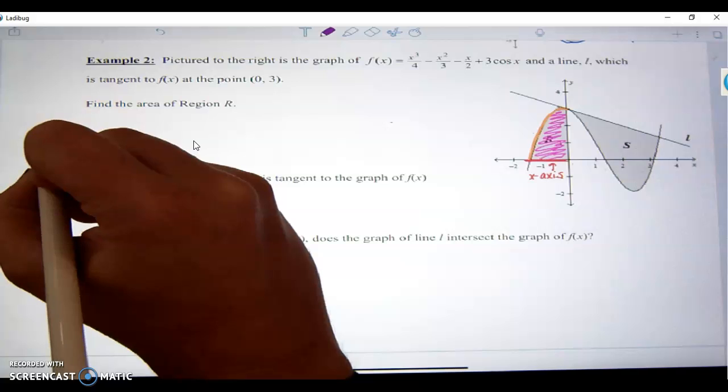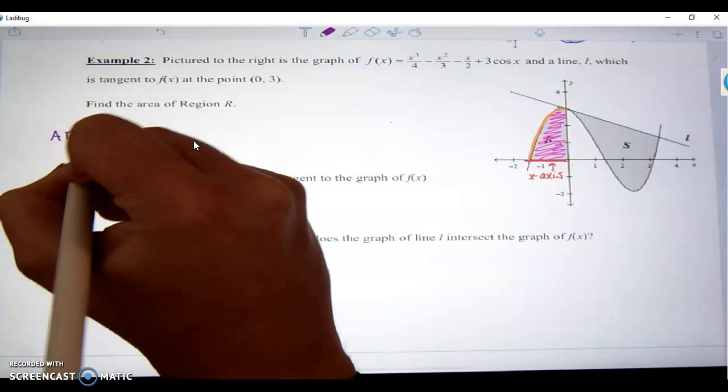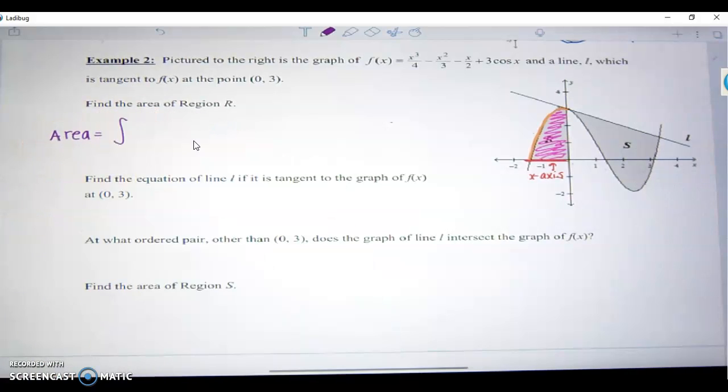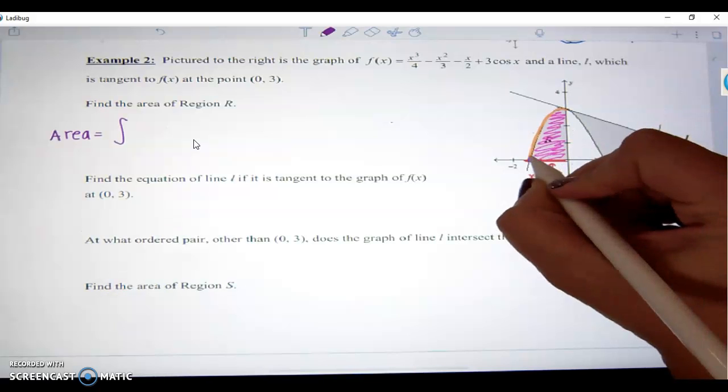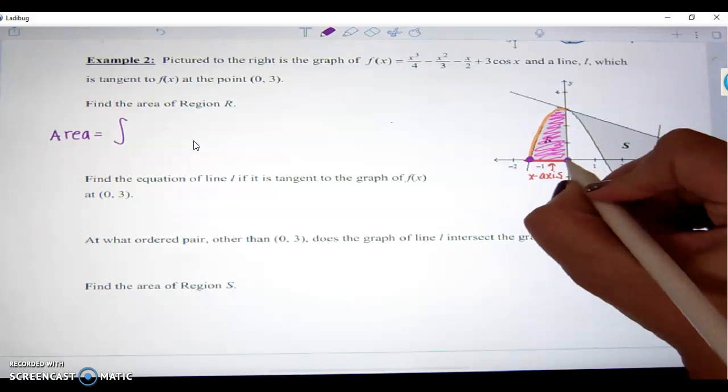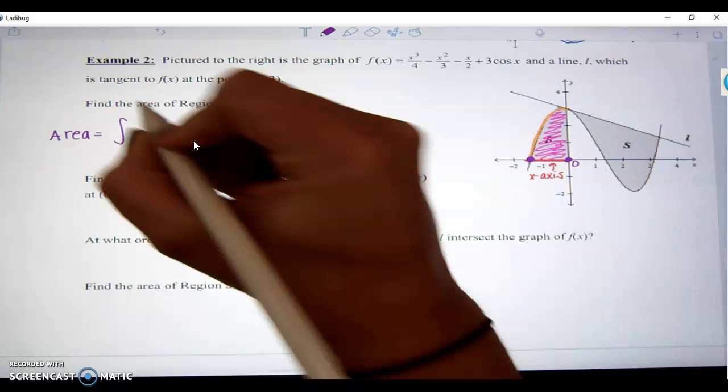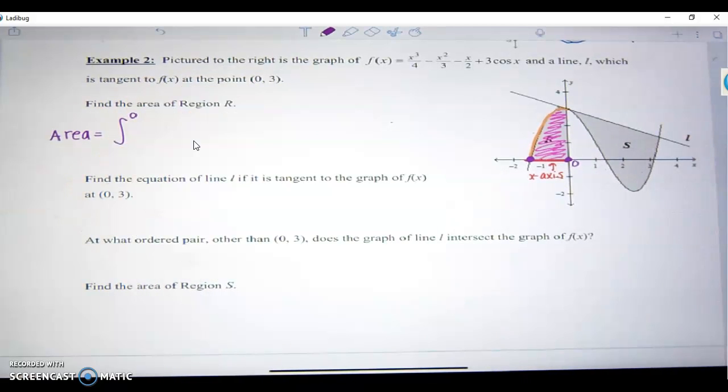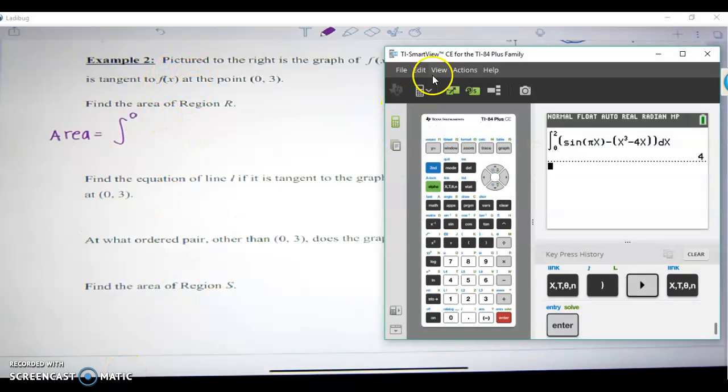But if we want to do the area there, we have to know where this starts and where it stops. You can tell that it stops at 0, so I'm going to put 0 on top. But right now I don't know where that intersects, so I'm going to need to use my calculator to figure that out first. So let's get our calculator.